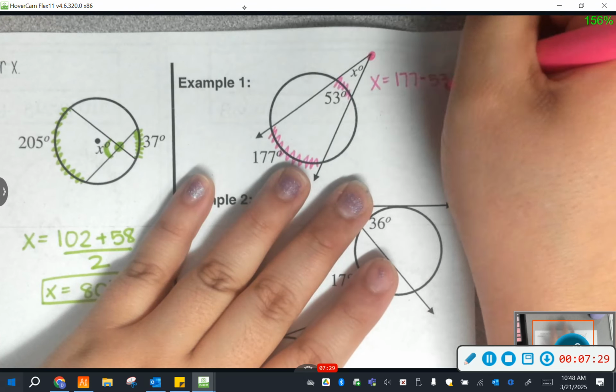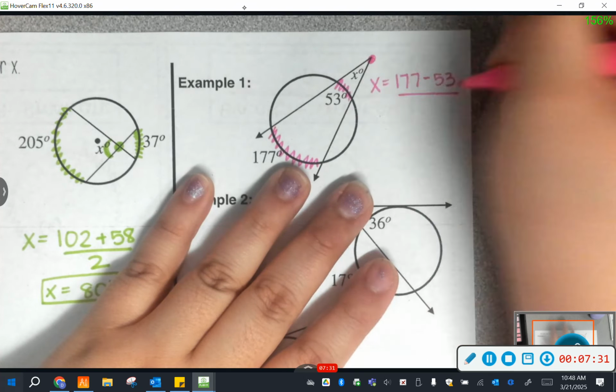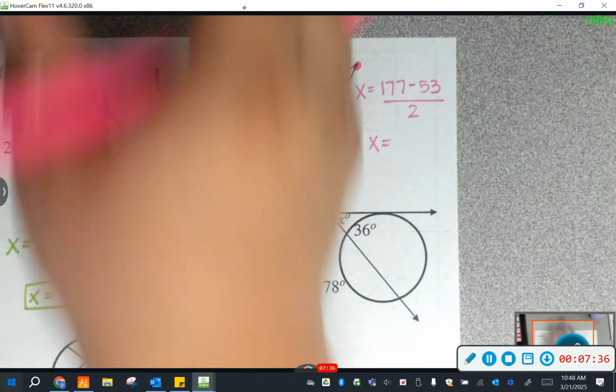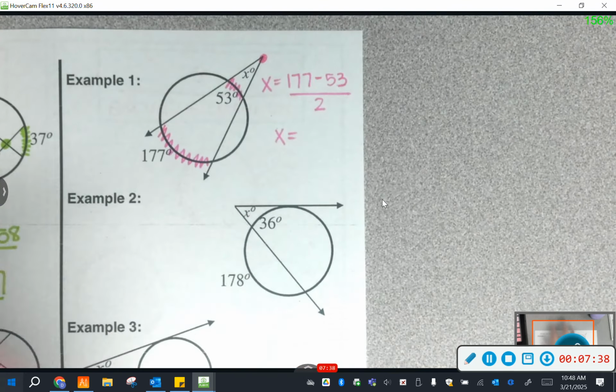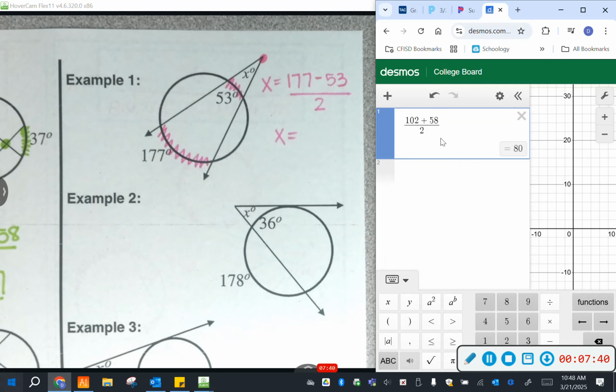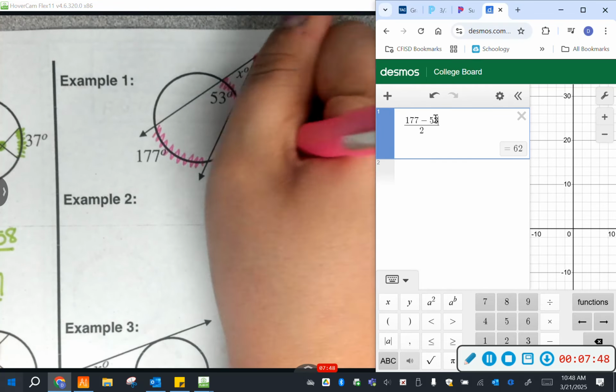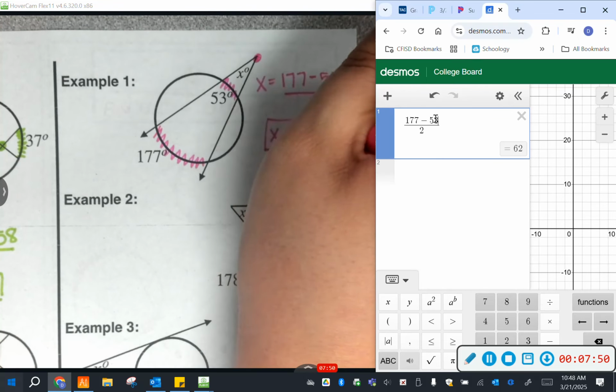Subtract. 177 minus 53 divided by 2. I'm going to put that into Desmos for y'all, and I get 62 degrees.